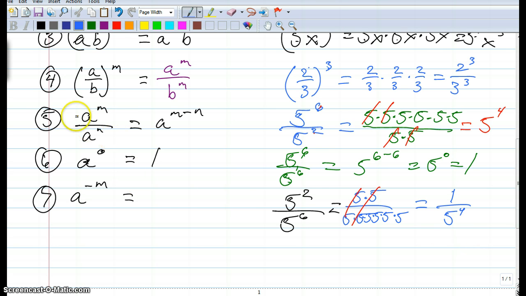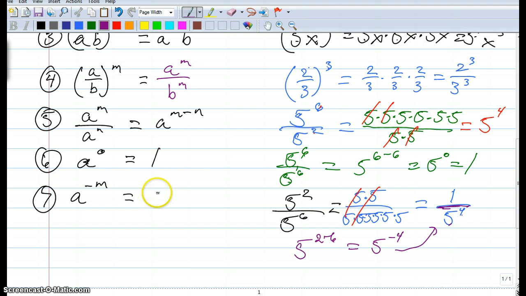Right? Let's use our rule 5 here. 5 to the 2 minus 6 is 5 to the negative 4th power. But if we list them out like this, we can see that 5 to the negative 4th power is actually 1 over 5 to the positive 4th power. And that's what's happening here.